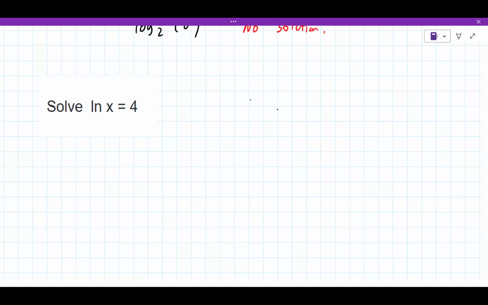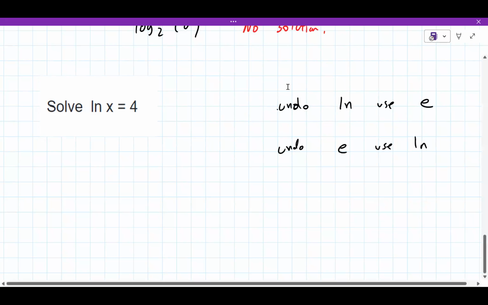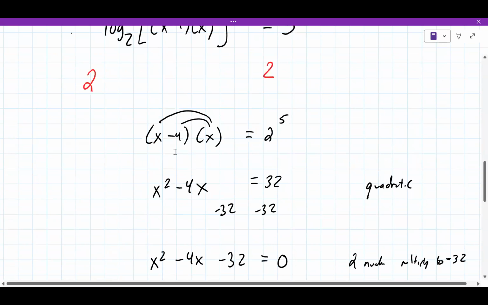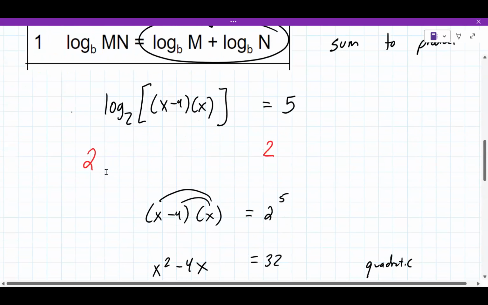So, to undo ln, you use e, and to undo e, you use ln. The reason is that these are inverses of each other. We kind of did this the other day. It's e to the natural log of x equals e to the 4. It's like that earlier problem where we used a 2 because it's log base 2.